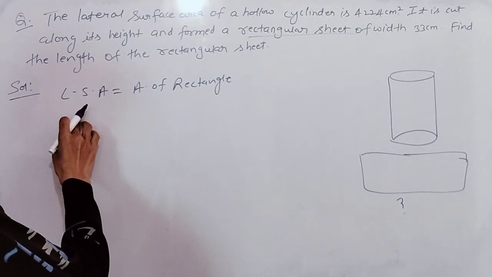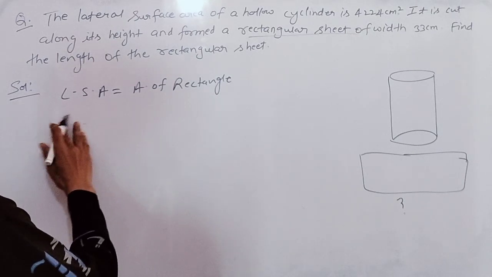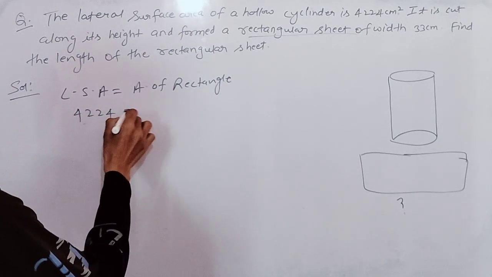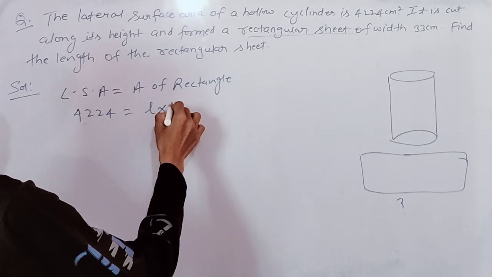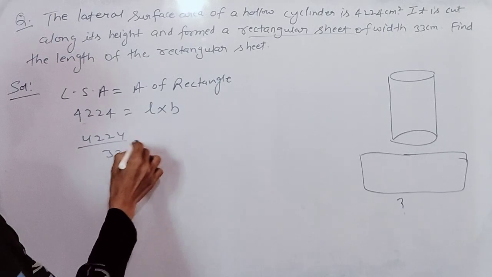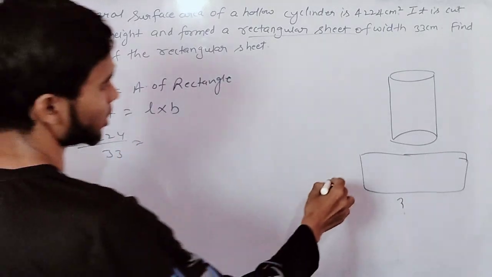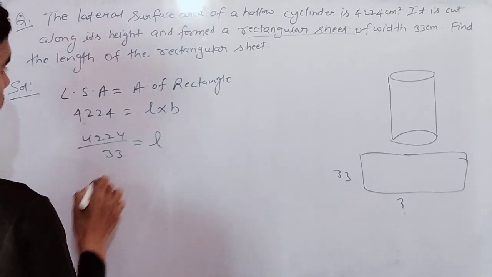It is how much? 4224. This is L into B. 4224 is equal to 33 times L, where B is 33. From this we will get the length L.